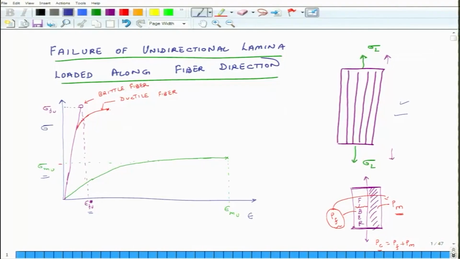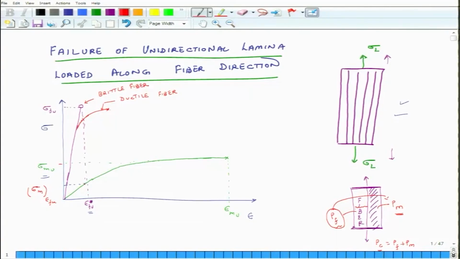At the breaking strain in the fiber, what is the stress in the matrix? That stress, if I look at this picture, is this level. So, at this strain level epsilon Fu, the stress in the matrix is sigma m at epsilon Fu level.